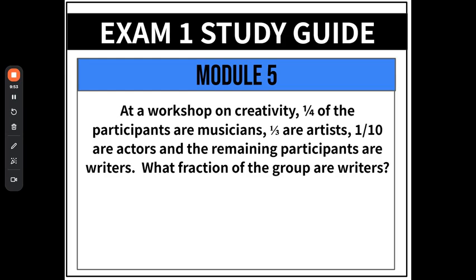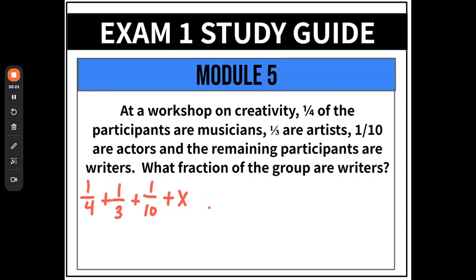So let's start with what we know. 1/4 of the participants are musicians, 1/3 are artists, 1/10 are actors, and everyone else is a writer. So since we don't know how many writers, we're just going to make that X.